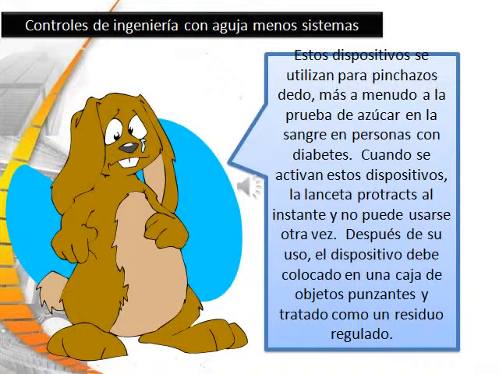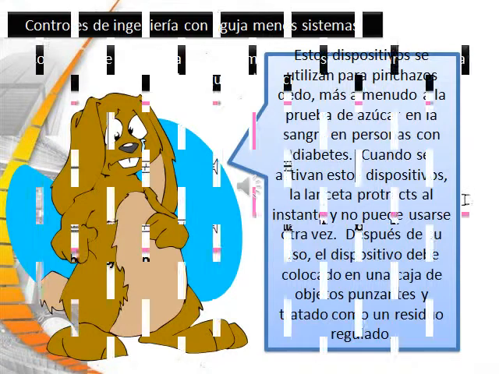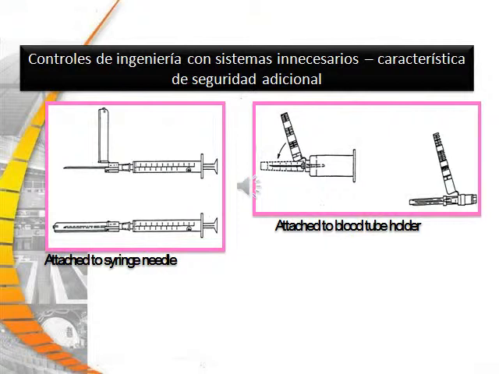When these devices are triggered, the lancet instantly retracts and cannot be used again. After use, the device must be placed in a sharps box and treated as regulated waste. Here we can see more examples of engineering controls with needleless systems, such as those attached to a syringe needle or those attached to a blood tube holder.